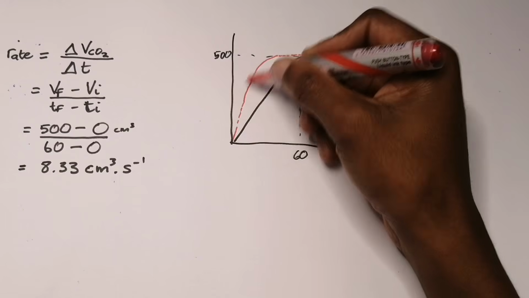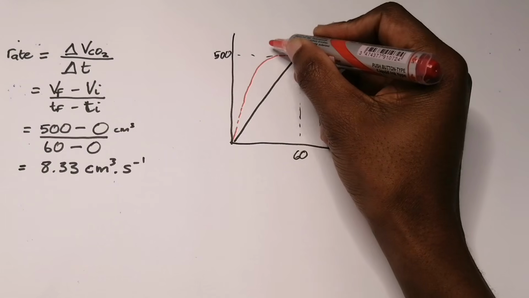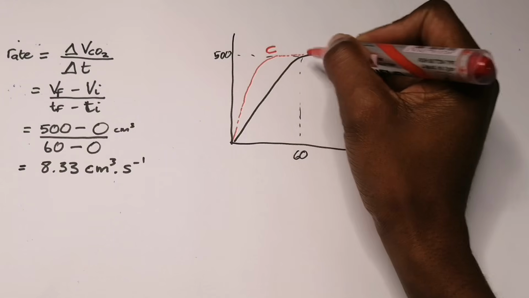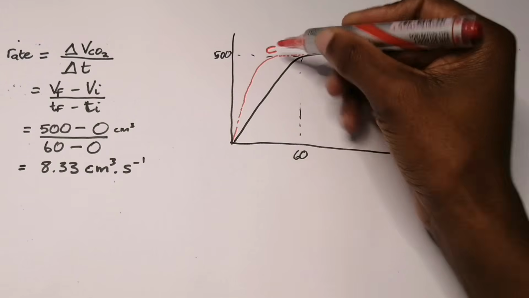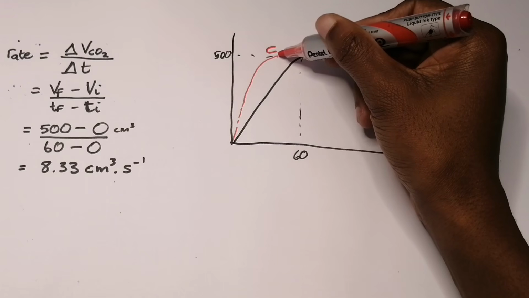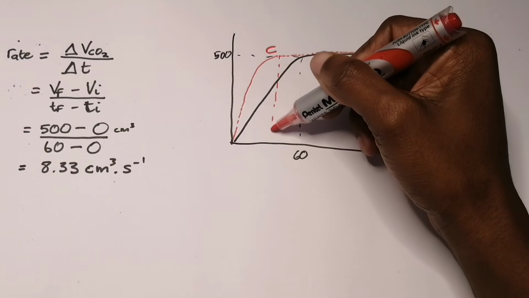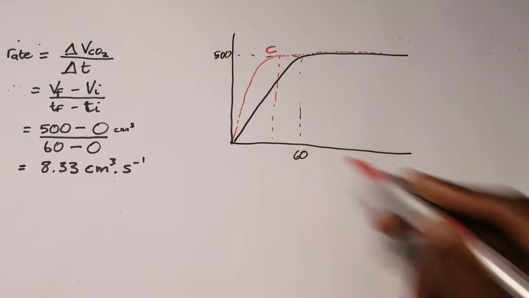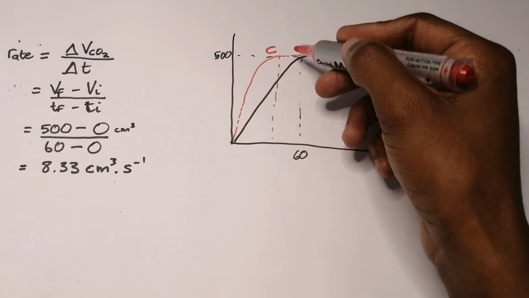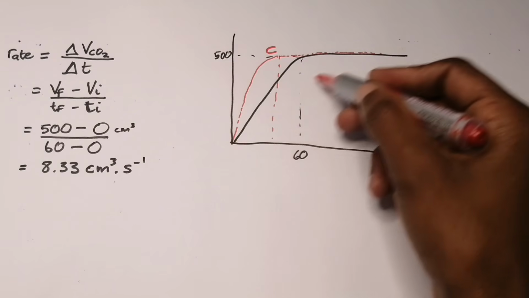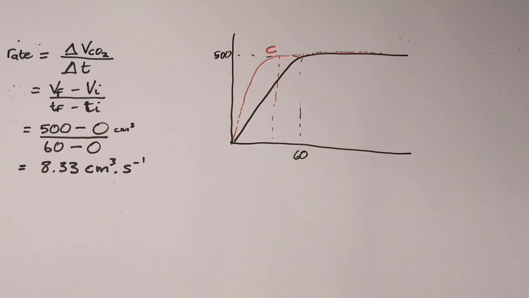So you'd have a steeper gradient for reaction C. This would be the graph for reaction C, and it's showing you that the rate would be much faster. How do you know that the rate is faster? Because you reach completion much sooner than you did in the first one. Can you see? So this shows us that the rate is higher. Obviously, if we had a lower rate, then you'd have something that is below here.